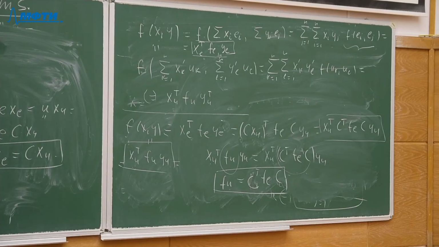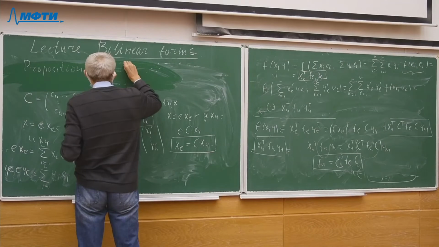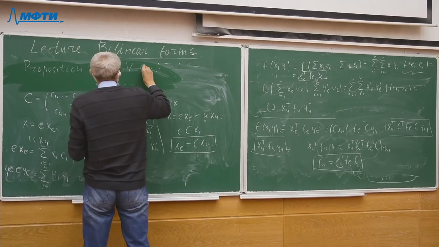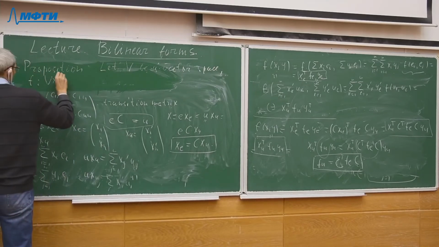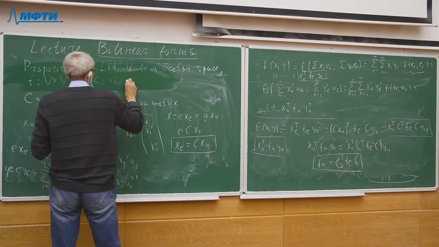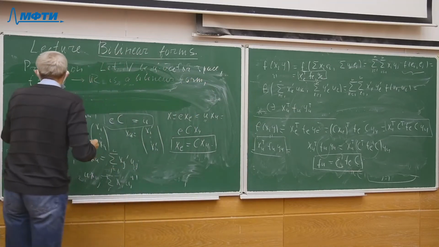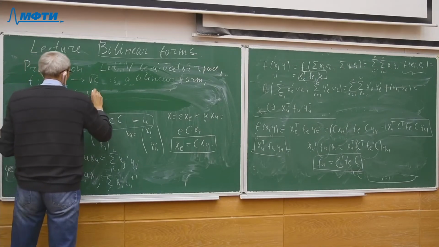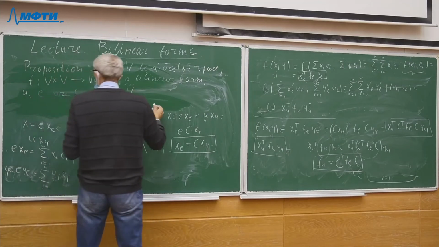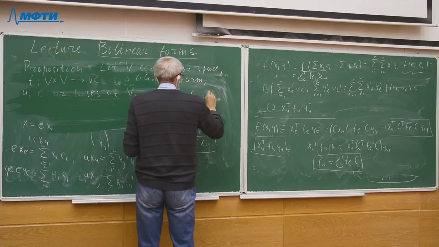And we prove the following proposition. Let V be a vector space, F a bilinear form, U and E bases of V, and C a transition matrix.